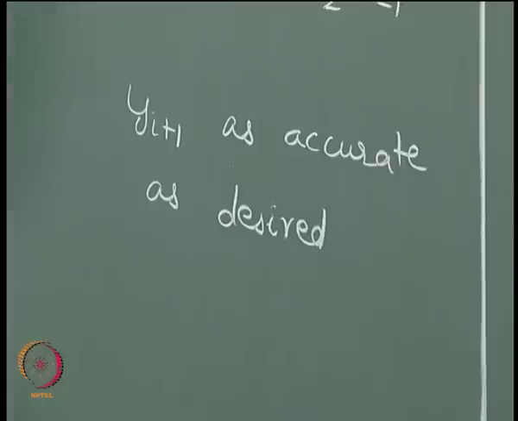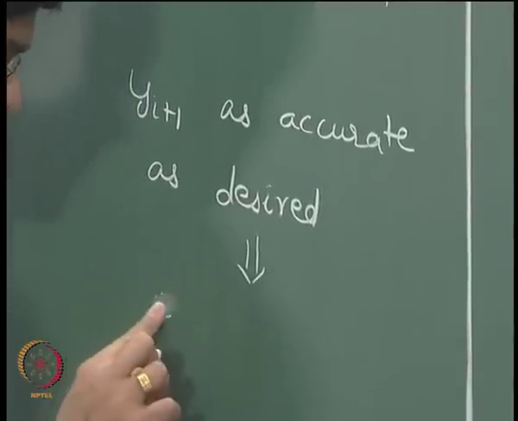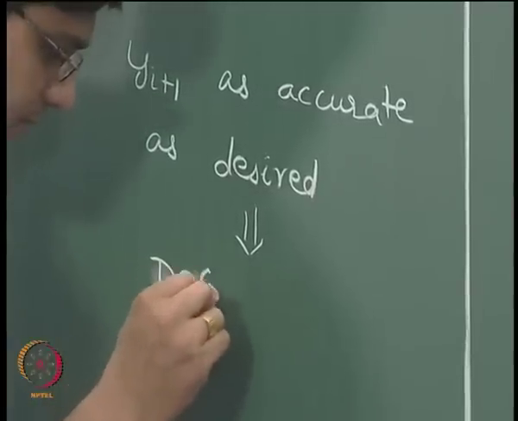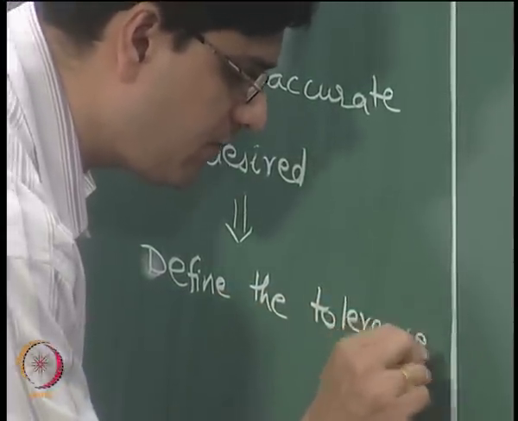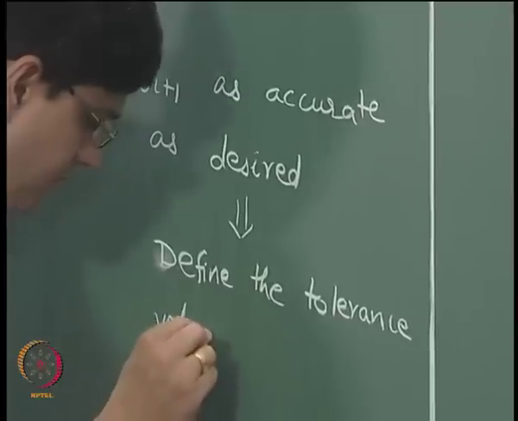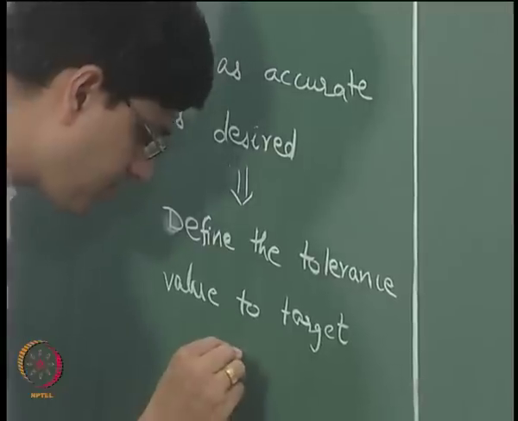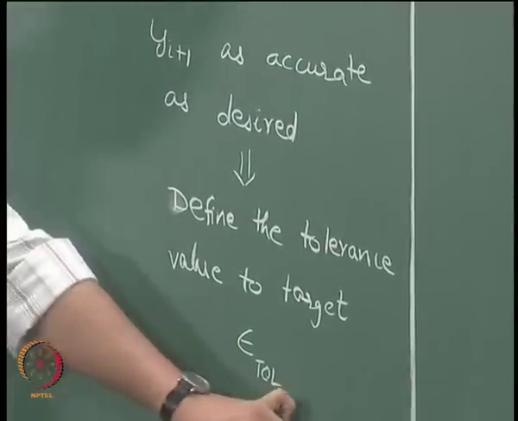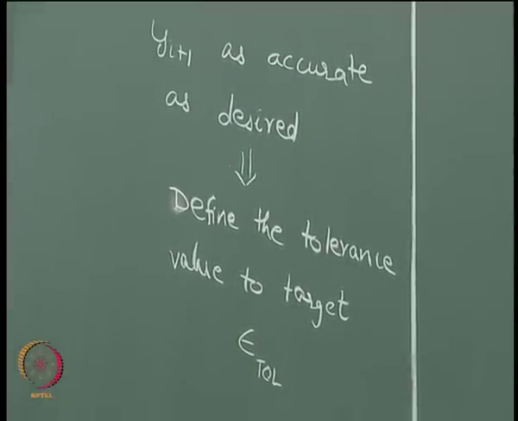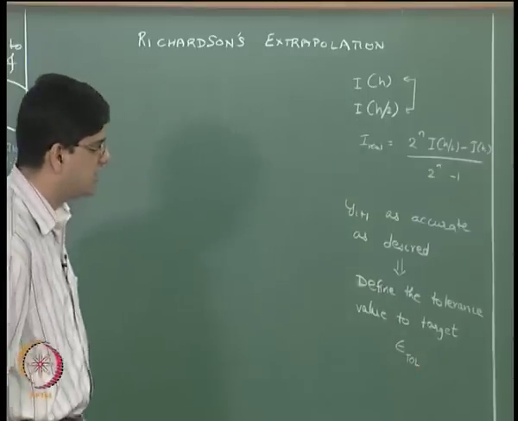What we mean by that is we need to define what tolerance value we need, and we will call this epsilon tol, the desired tolerance or error value that we will give.